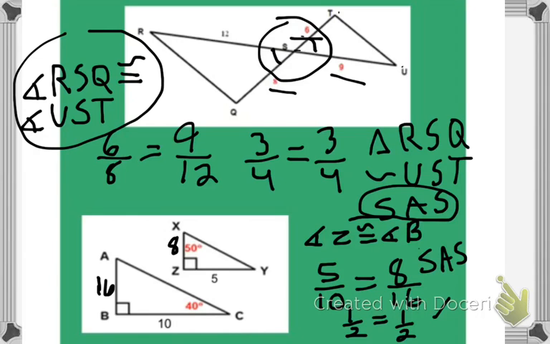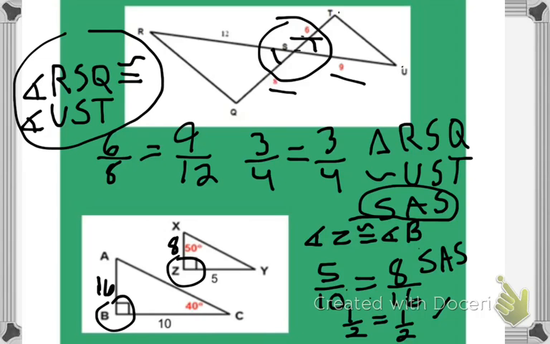And then the last one right here, I have two sides, and I also have two angles here, but we're going to go with side angle side, so we're going to prove that. We know that angle B is congruent to angle Z, and then we set up our proportion. We got 5/10 and 8/16. Notice I did the smallest and then the larger one.